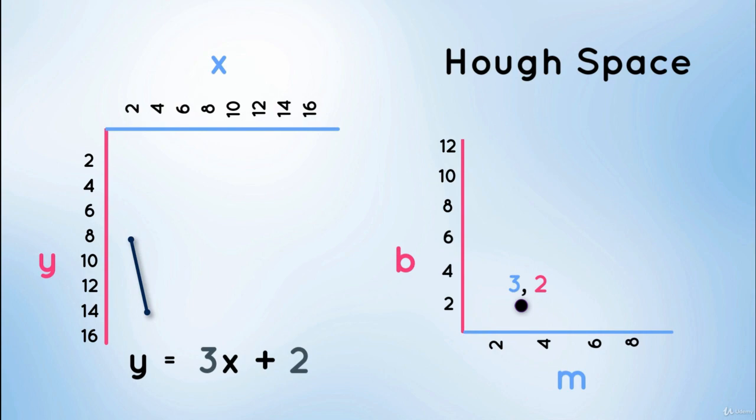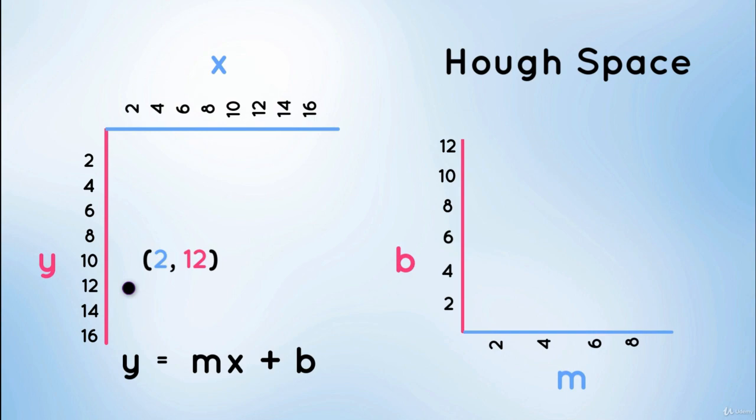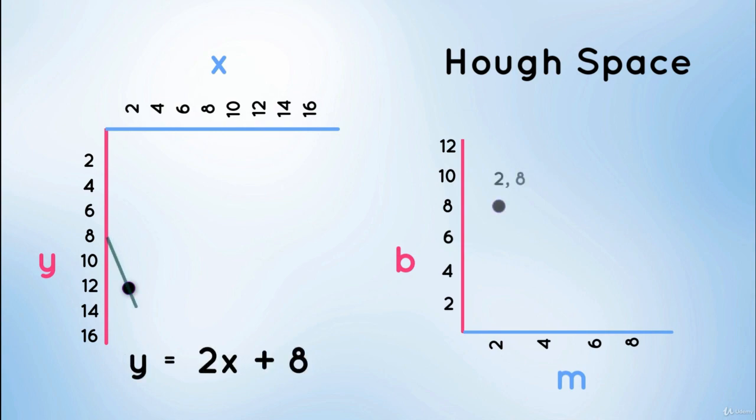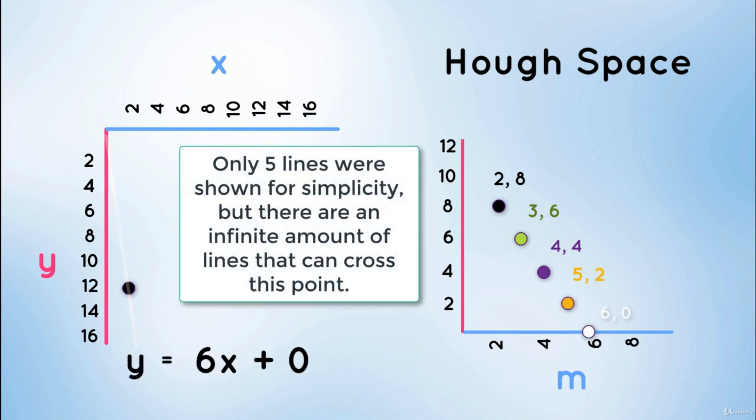Now imagine that instead of a line, we had a single dot, located at the coordinates 12 and 2. There are many possible lines that can pass through this dot, each line with different values for m and b. You could have a line that crosses it with m and b values of 2 and 8, 3 and 6, 4 and 4, 5 and 2, 6 and 0, so on and so forth.